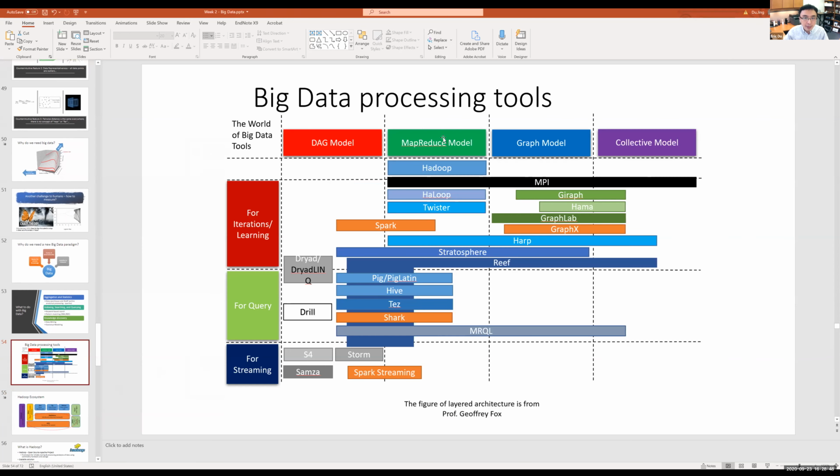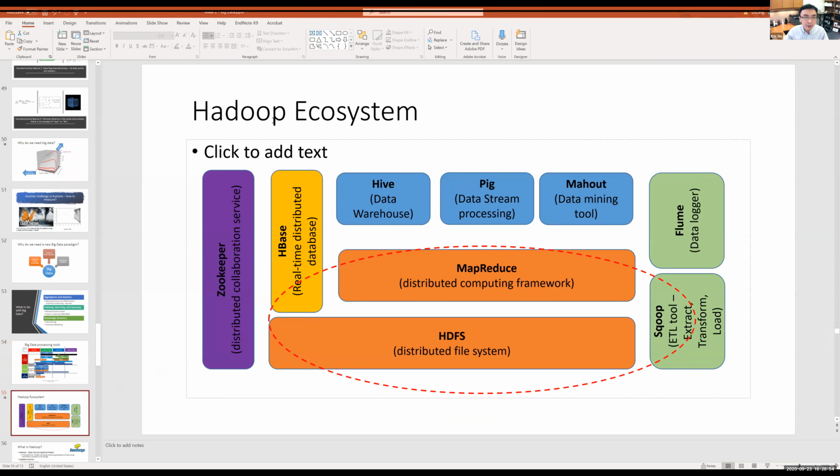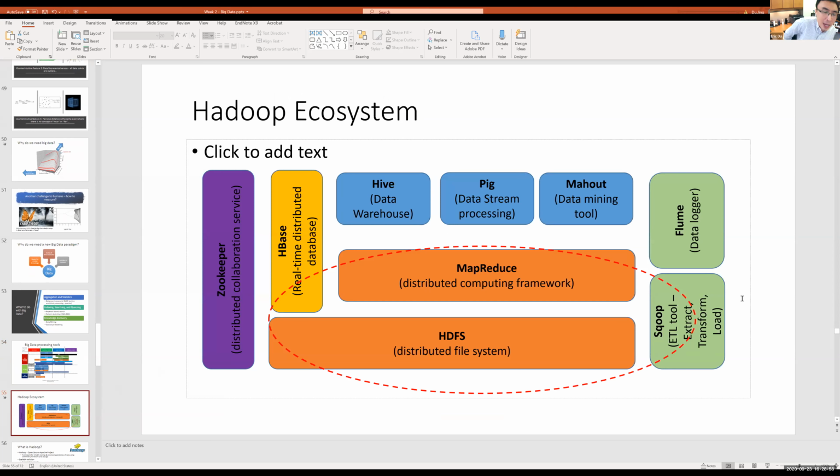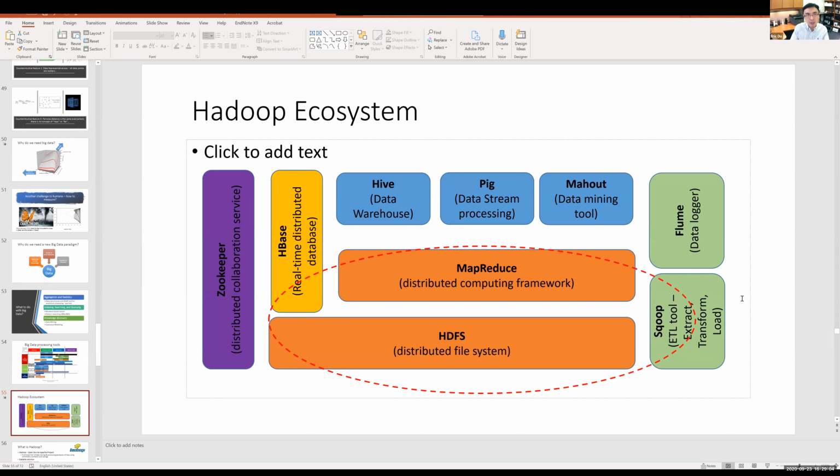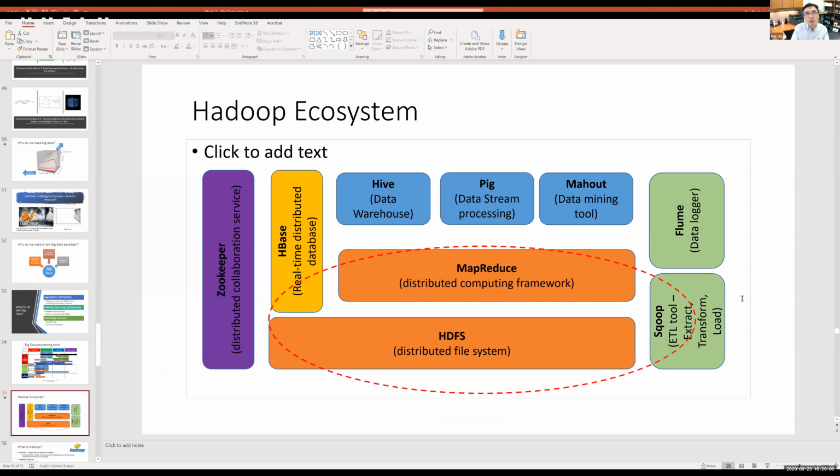MapReduce is a method, and the brand name for it is Hadoop. This is Google, and this is the Hadoop ecosystem. Imagine that you have to process data. You probably need storage, an indexing system, and a method to read and write the information. This graph shows the ecosystem of the Hadoop system. Let me swipe this.